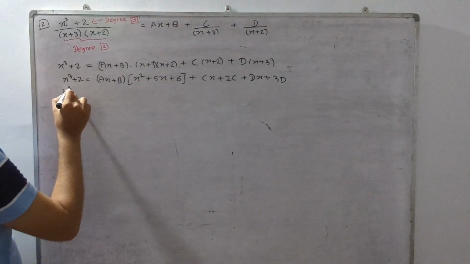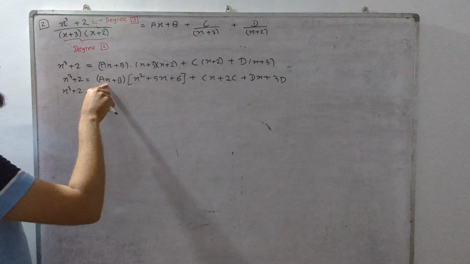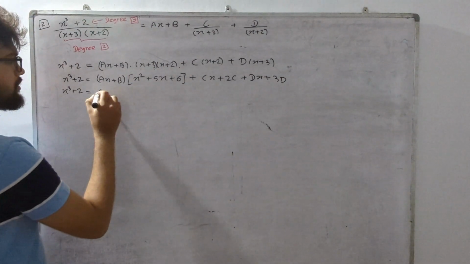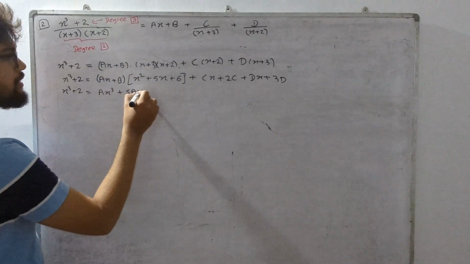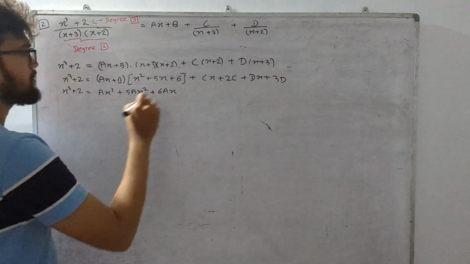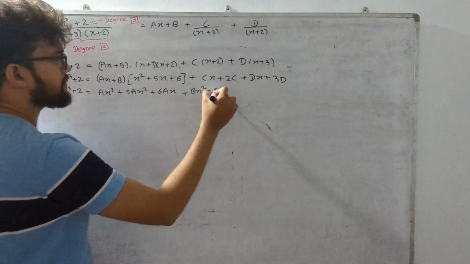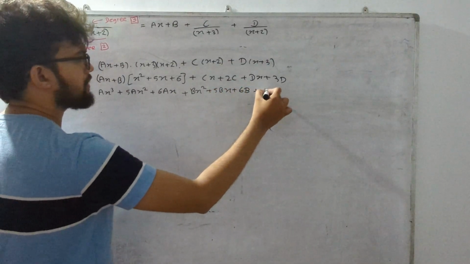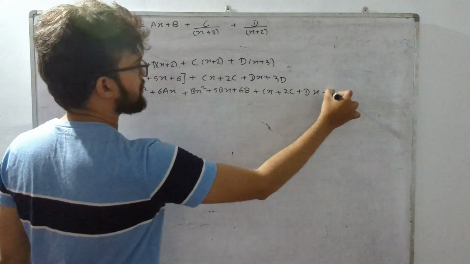So x cube plus 2 equals, now I am going to multiply ax plus b into this part. ax cube, 5ax squared, plus 6ax plus bx squared plus 5bx plus 6b equals cx plus 2c plus dx plus 3d.